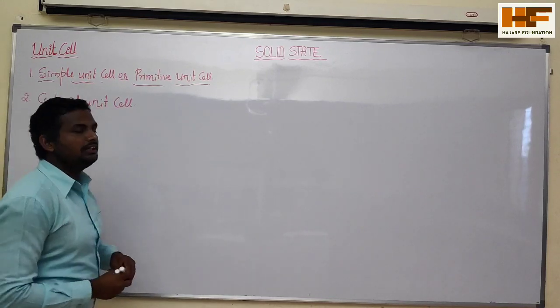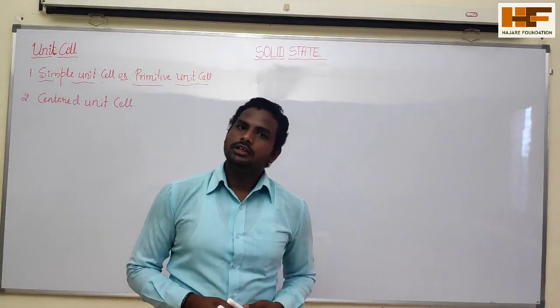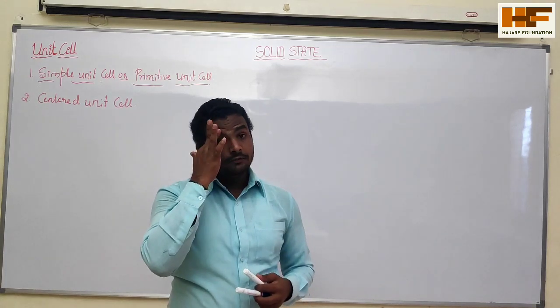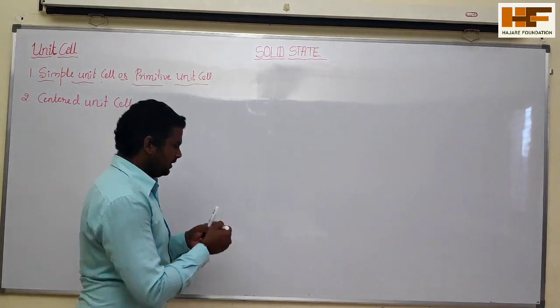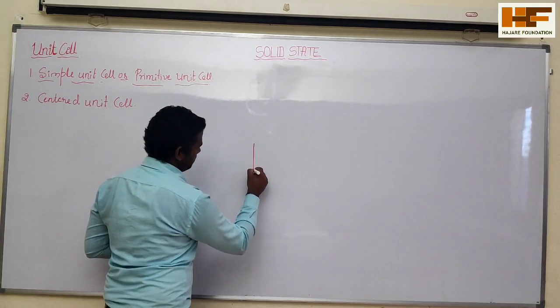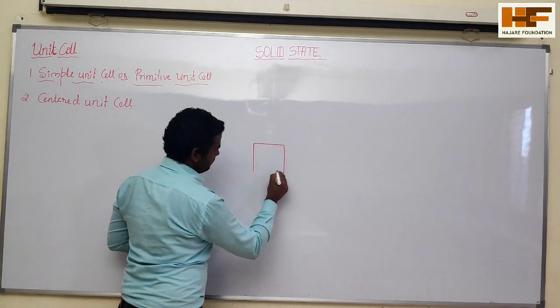What is meant by simple unit cell or primitive unit cell? Suppose you consider a simple cube. Cube, you already studied. It's the simplest cube like this.